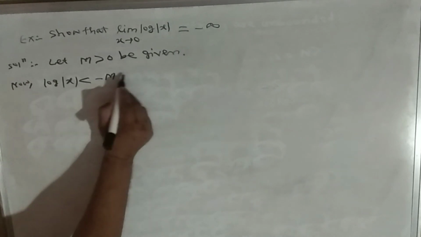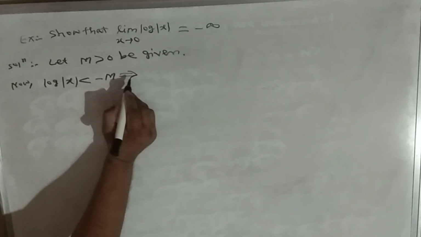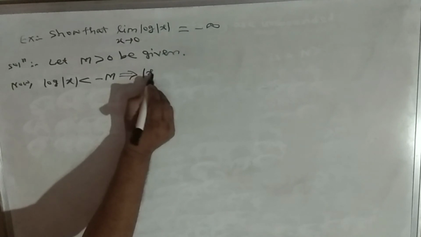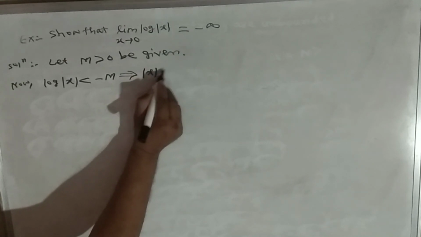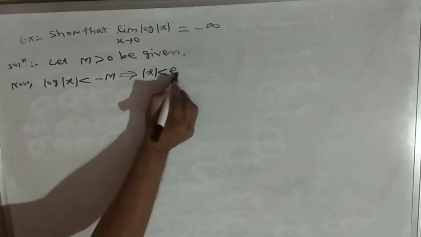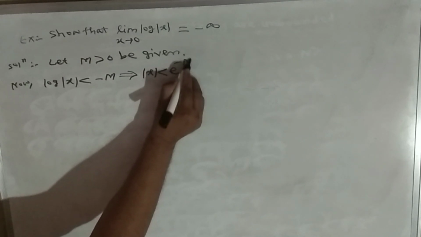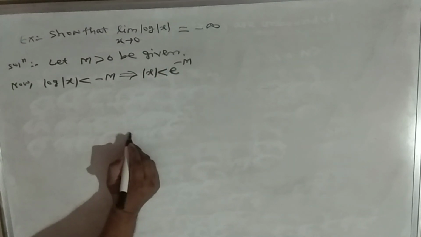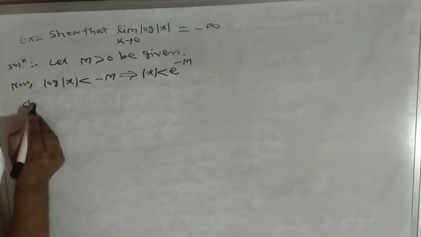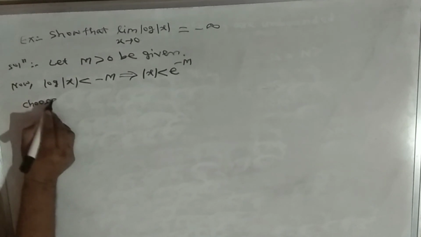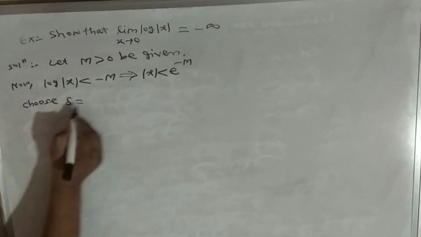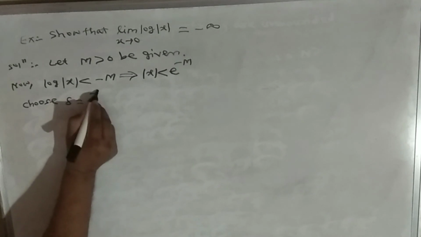And this implies that mod x is strictly less than e to the power minus m. Now choose delta equal to e to the power minus m.